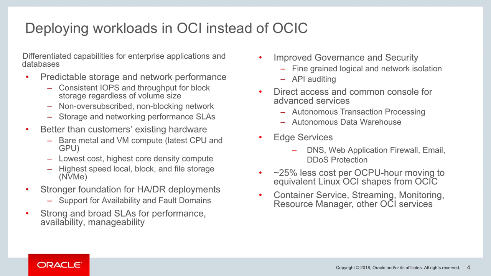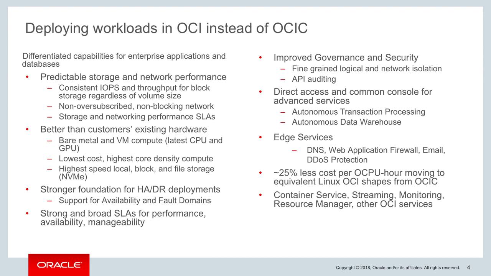And we allow customers to deploy highly available and disaster recovery deployments on OCI, and we do this because of the multiple availability domains architecture and the localized fault domains architecture within each availability domain. We have strong and broad SLAs for performance, availability, and manageability in OCI.